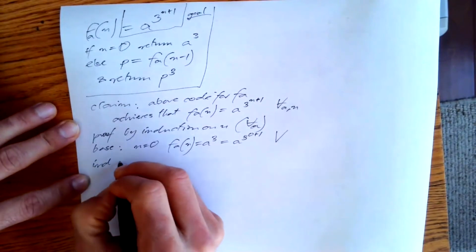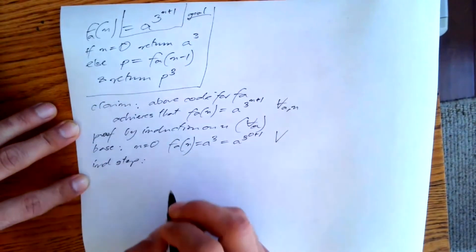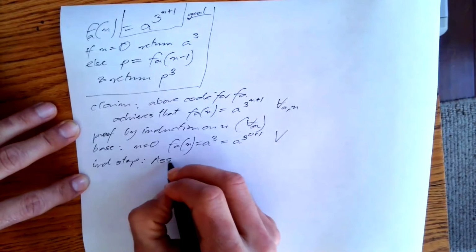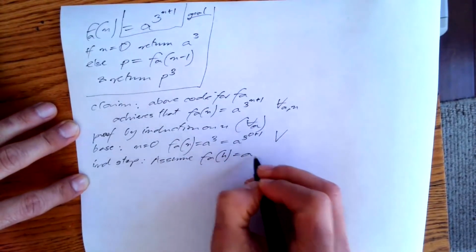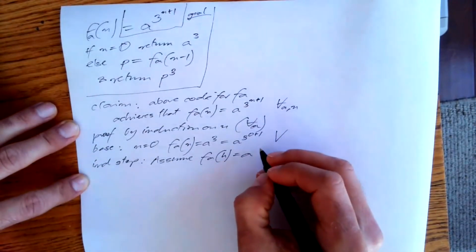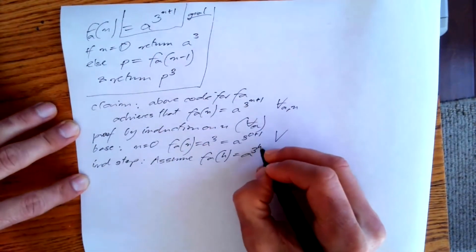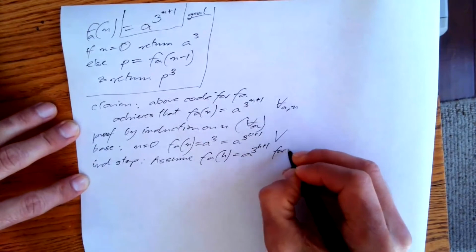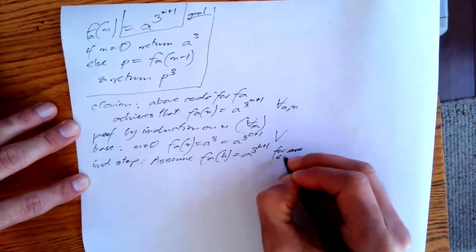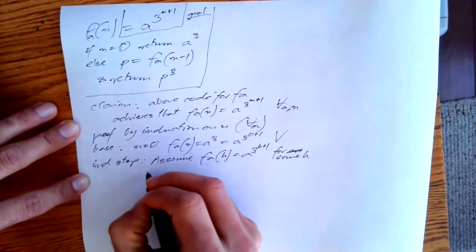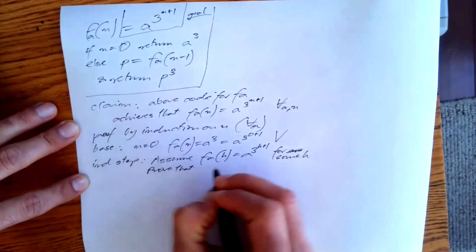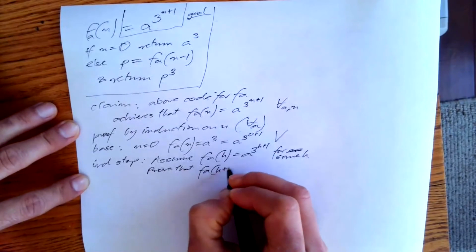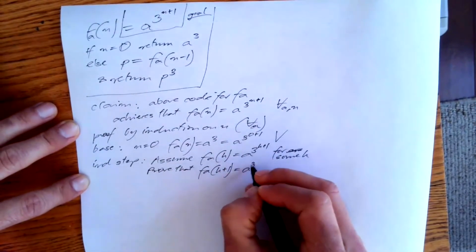Inductive step is that assume FA of k outputs a to the 3k plus 1 for some k. Prove that FA of k plus 1 returns a to the 3k plus 2.